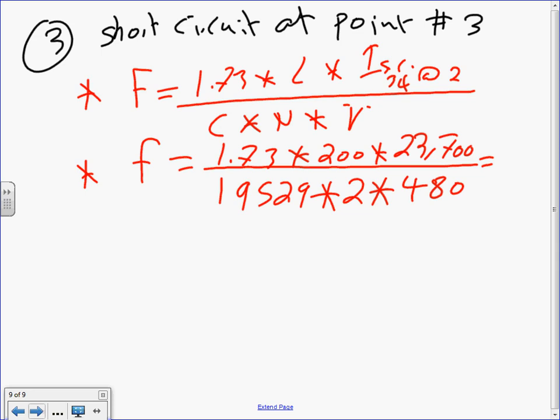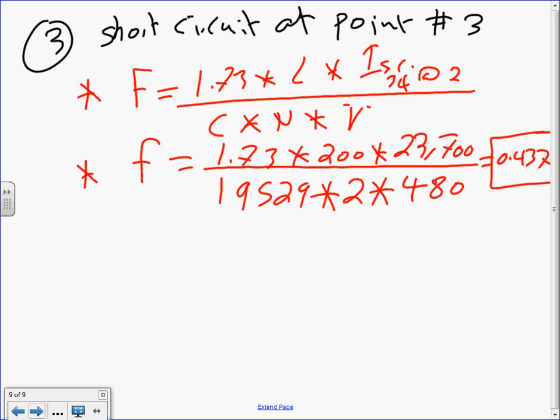How much? 0.437. Gentlemen, you got it. 0.437.